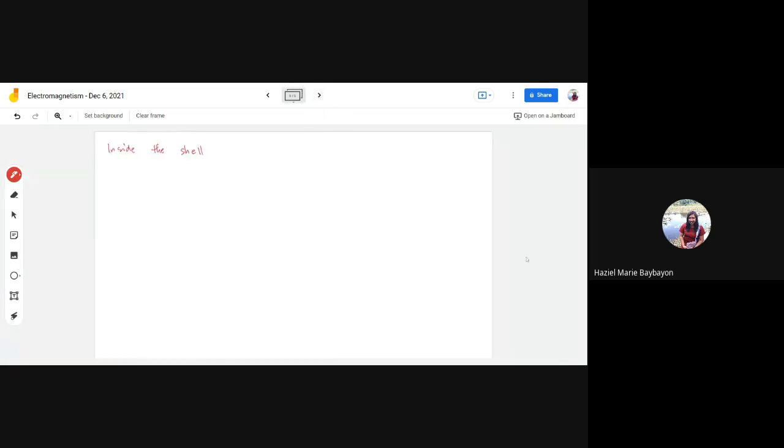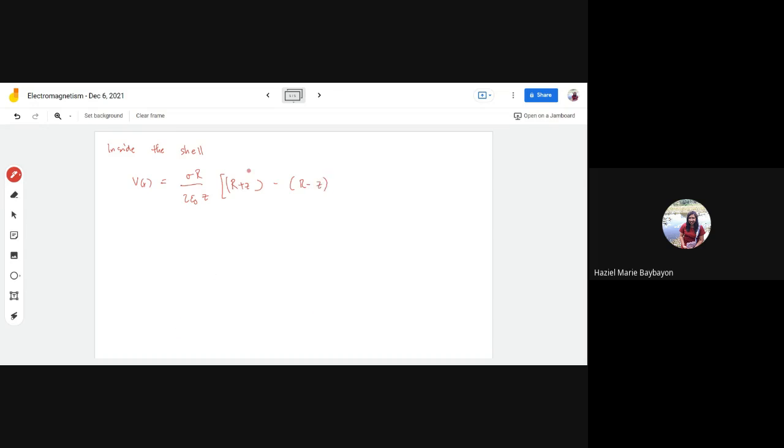So we have V is equal to sigma r over 2 epsilon naught z, and then we have r plus z minus r minus z.